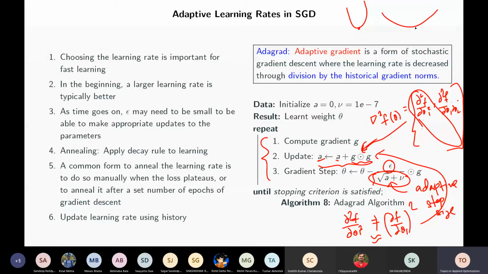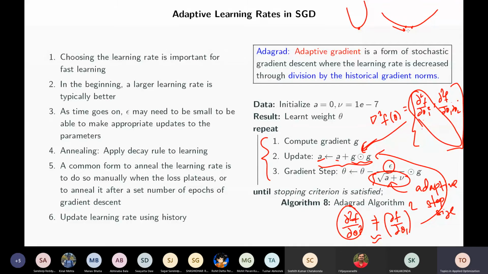If my curvature is like this, then the second derivative close to this point, let us say I'm going in this way, will not be that high. So I divide by a proportionally lesser magnitude term, assuming that I have a second derivative estimate in the form of this. The second derivative is like the square of this. These are all heuristics because I don't want to compute the second derivative.